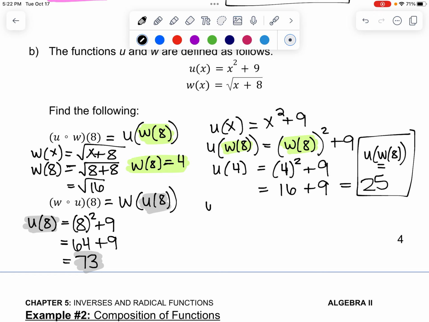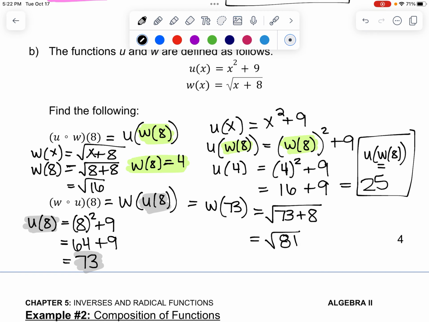So what I want to find then is w of 73. I want to find w of u of 8, but if I know that u of 8 is equal to 73, what I really want to find is w of 73. And I'm going to use the w function right here. I'm going to put a square root. x is 73 plus 8. 73 plus 8 gives me 81.